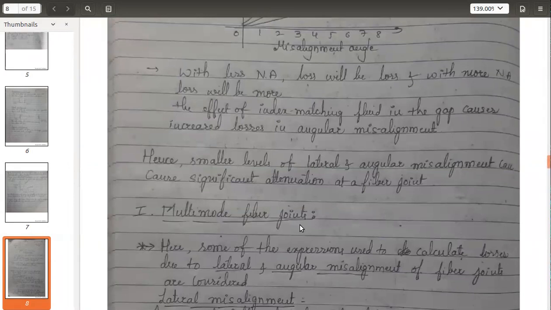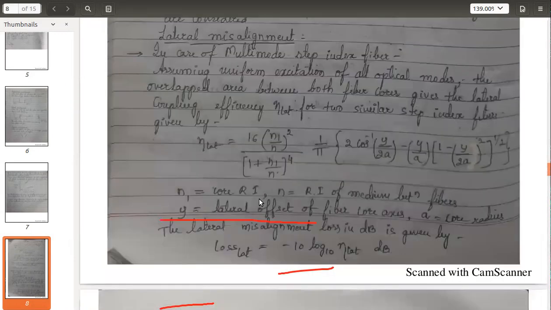In multi-mode you will have step index as well as graded index. In the multi-mode, how the lateral misalignment loss is determined. For you, only the qualitative study is there, so in multi-mode, step index or graded index, both lateral and angular we should consider.